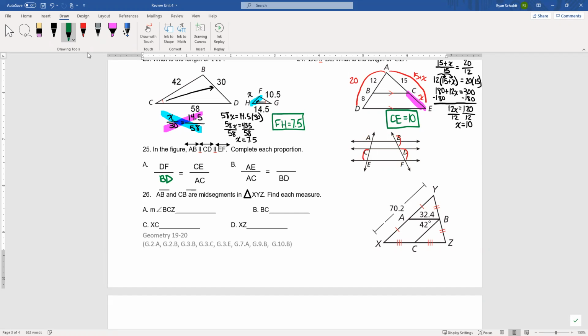Now let's look at B. For B, they're saying AE, so the whole thing is on top, over AC equals something over BD. Well, what am I missing? The whole thing over here. So that would be BF. We're just setting up proportions on that one. That's it.